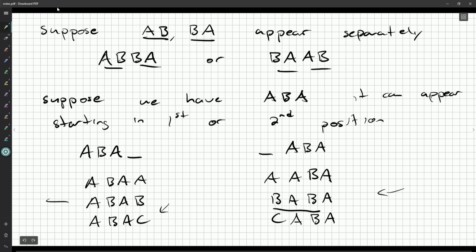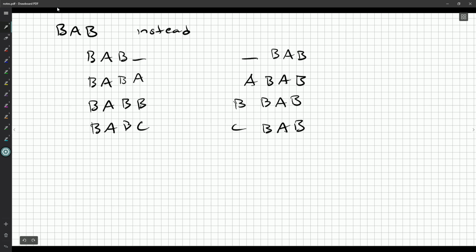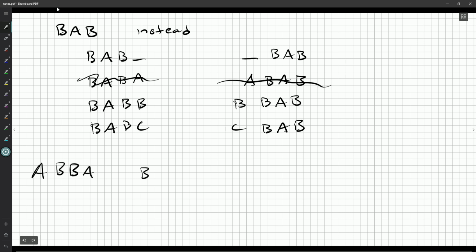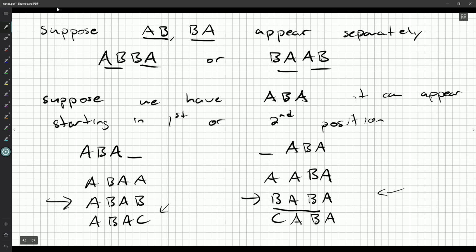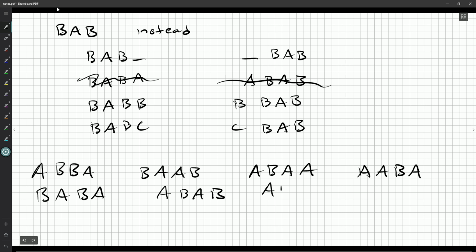But you'll notice this one here and this one here are duplicated. So we can ignore them. So what can we have? We could have ABBA, AB, because they want us to list them out, ABAA, AABA. We just want to make sure we don't accidentally have the same thing twice, because I imagine there might be a mark off for that, for not realizing.